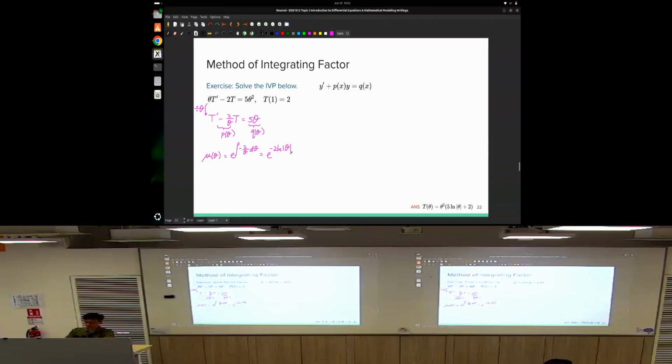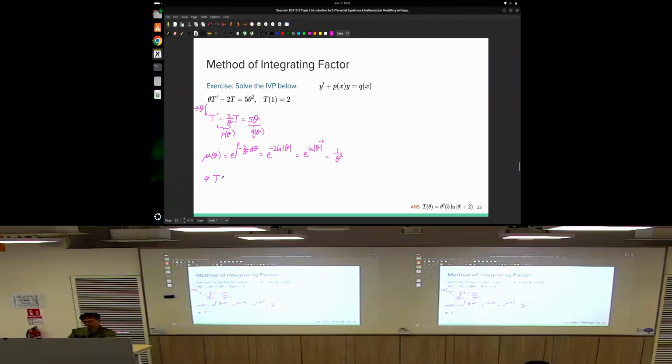Then here is just e to the ln of modulus of theta to the power of minus 2. It means there's a squaring here, so you square the modulus and it becomes positive also. So this is just e to the ln, inverse functions. Therefore, this is really just 1 over theta squared.